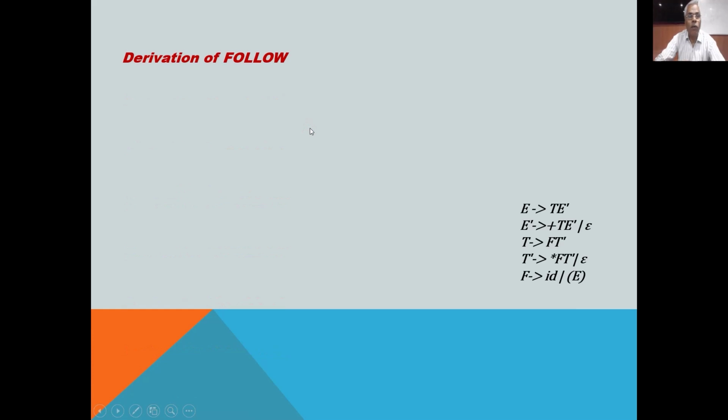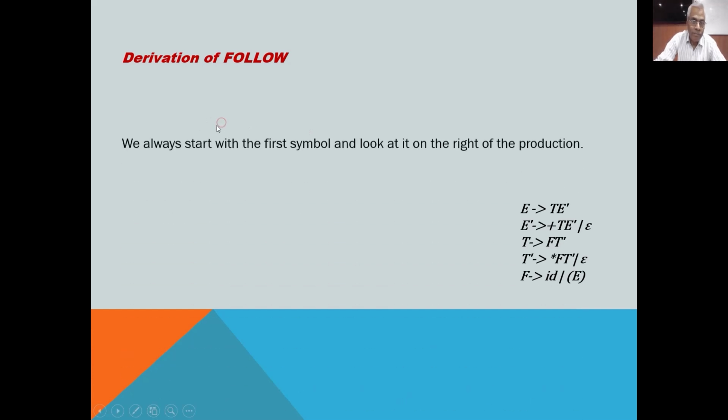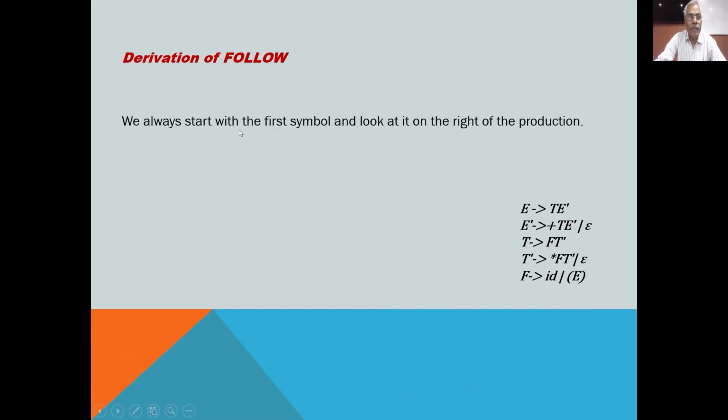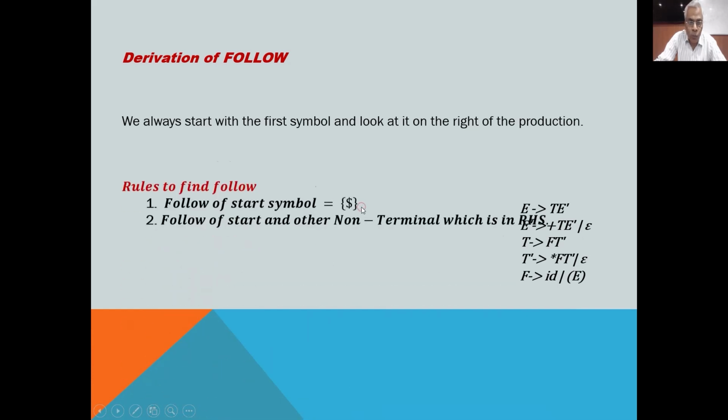Now we move to the derivation of the next method, that is the follow method. We always start with the first symbol and look at it on the right of the productions. To find the follow of any non-terminal, we use two different rules.